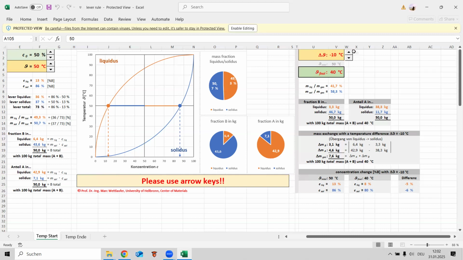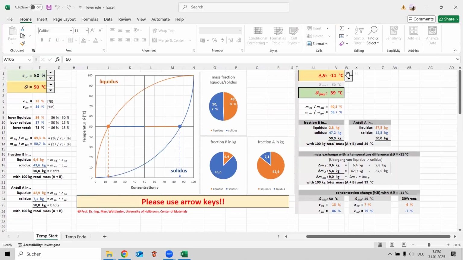Here we can also change the delta of temperature, final temperature, initial temperature, fraction B, fraction A, mass exchange with a temperature difference, and concentration change with delta T equal to minus 10 degrees Celsius.